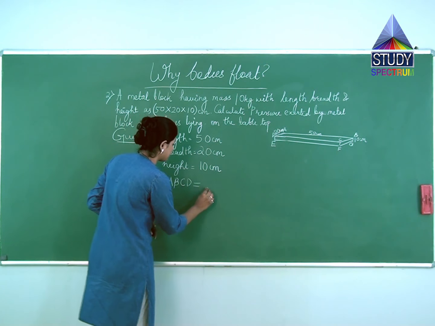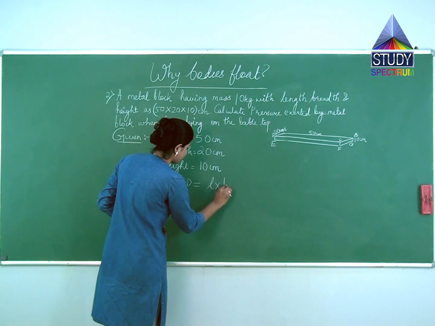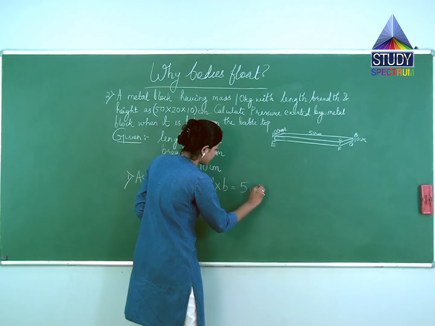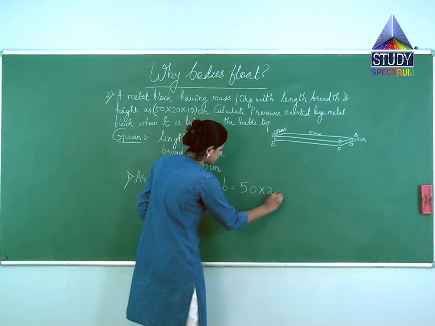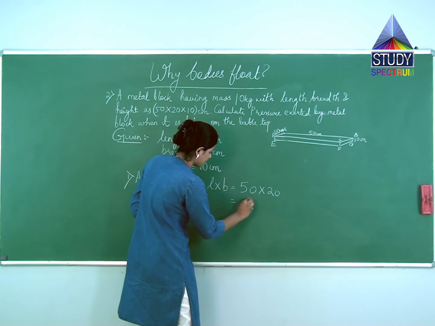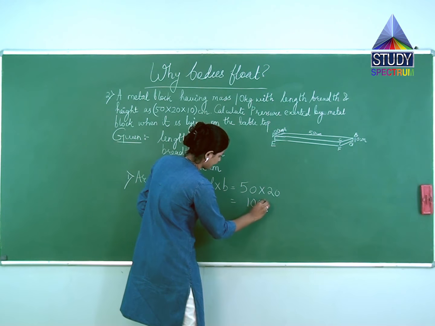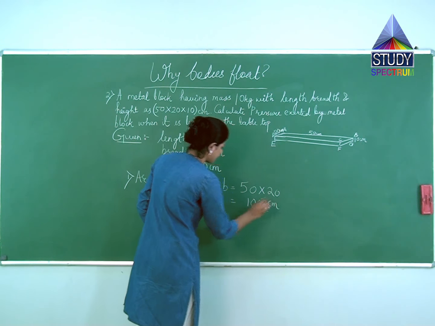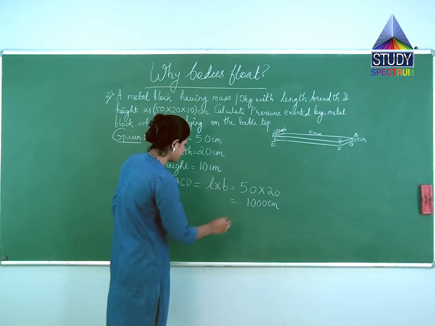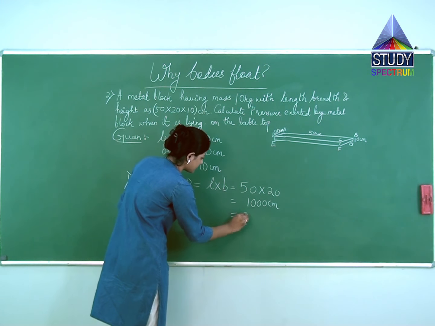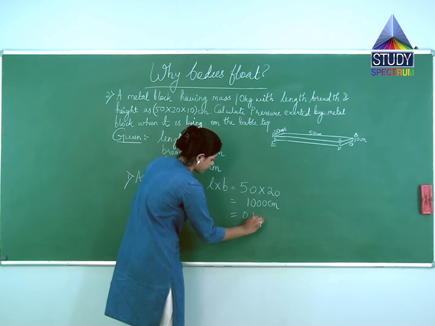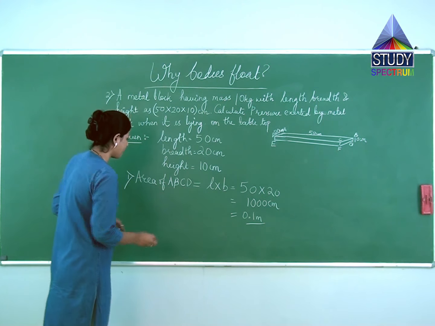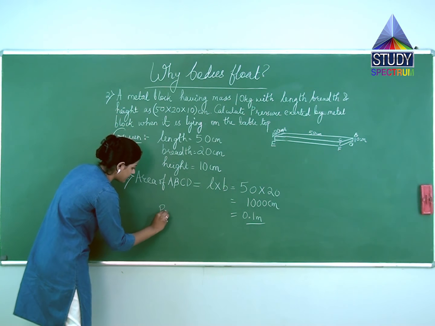Because it is a rectangle, it will be length into breadth. Substituting the values, 50 into 20, we get 1000 centimeters. Now converting this into meters, we will get 0.1 meters.